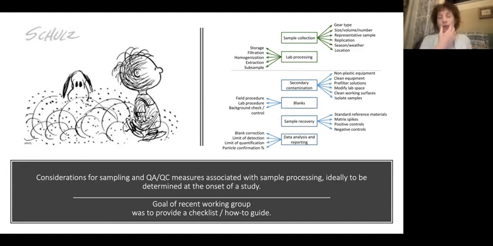For example, I'm part of another working group now that has sent out spiked samples to a number of different labs, and they're doing an interlaboratory comparison to see how much difference there is in detection and accuracy between 20 or 30 different lab groups when they process the same samples.